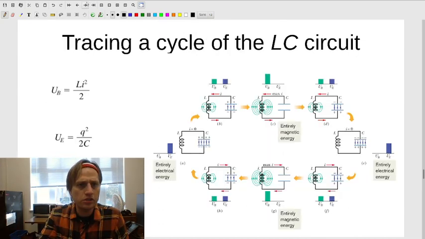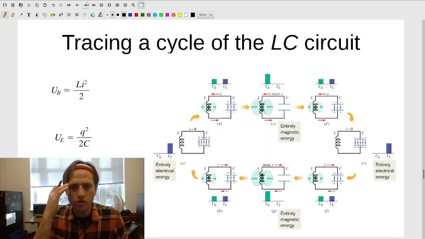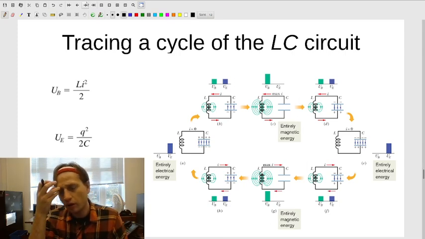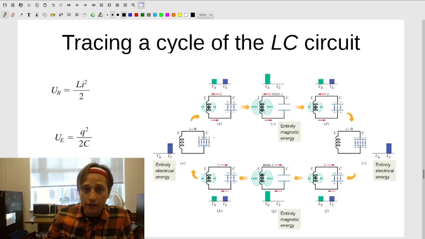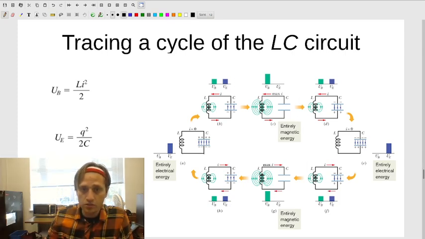And just to show this qualitatively before I show you quantitatively how to do it, let's say that you start out with a charged capacitor. Well, since the two sides of this capacitor are connected, that is going to want to uncharge.